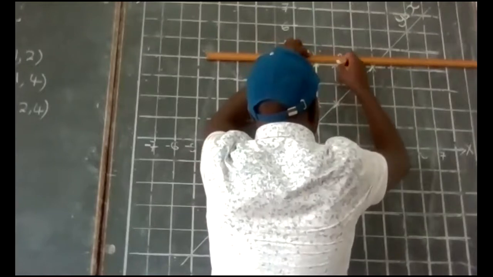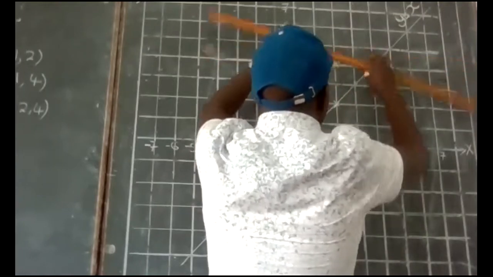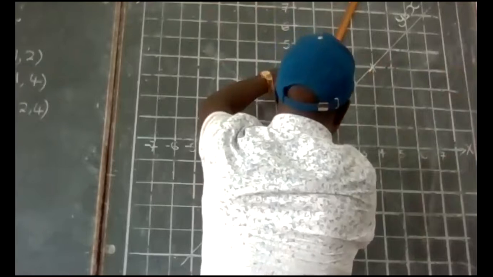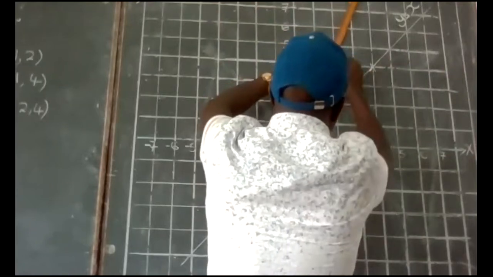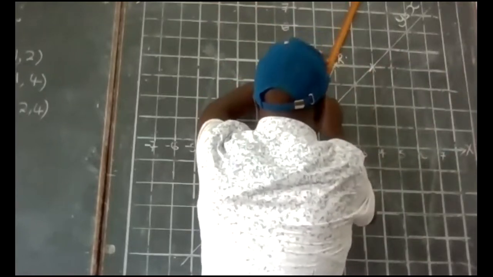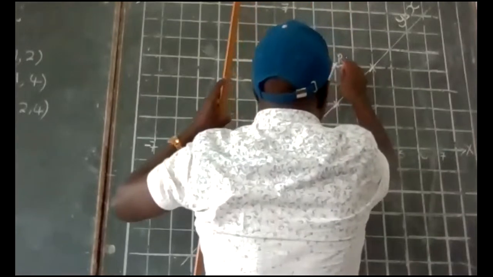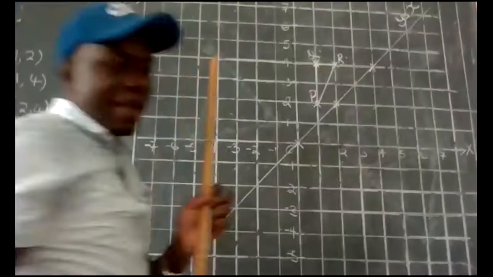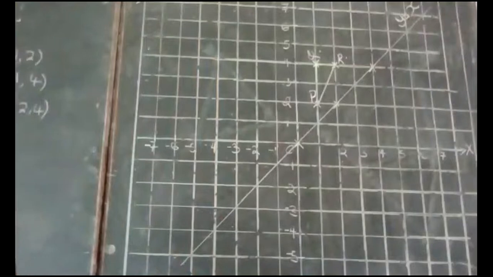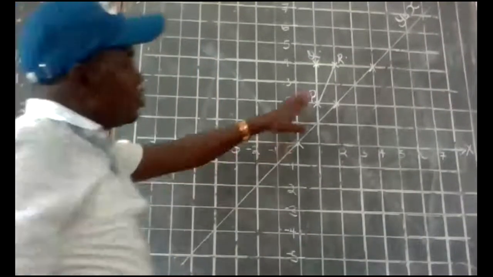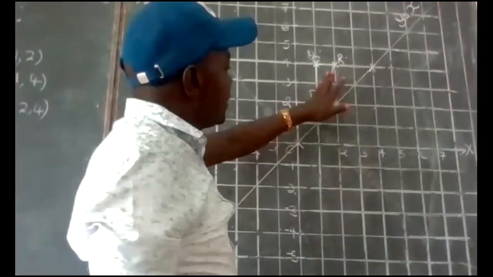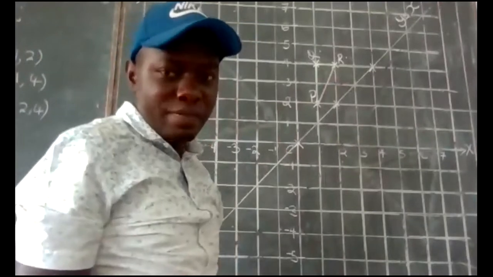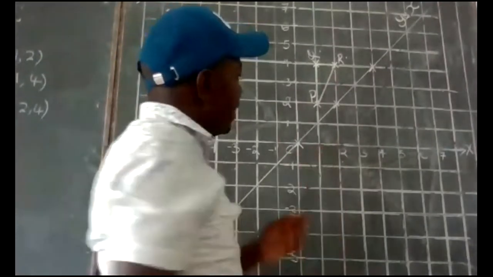My object triangle is here. Okay, that's my object triangle. After getting my object triangle, I reflect one point at a time.